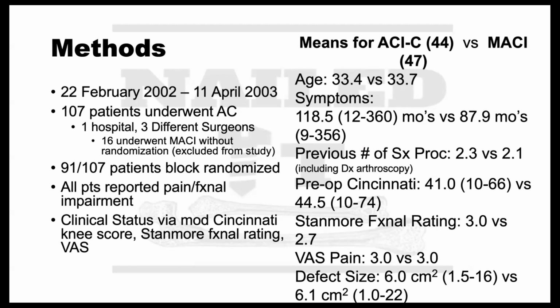Most of them had symptoms for, in the AC group, an average of 118 months, and in the MACI group, an average of 88 months. And prior, they had both about 2 surgeries, including a diagnostic arthroscopy.